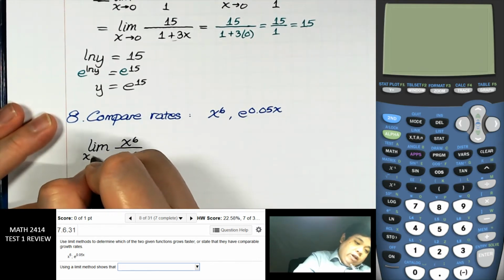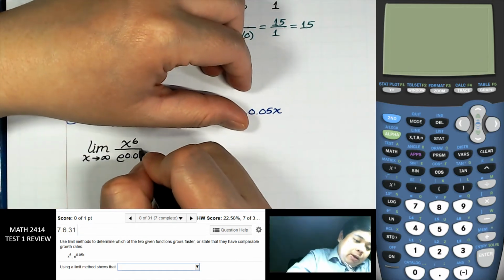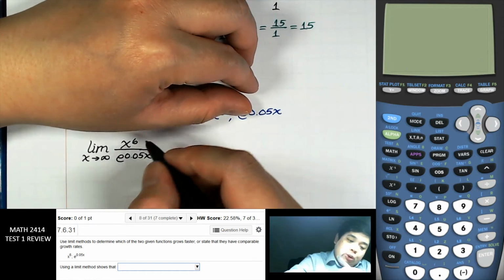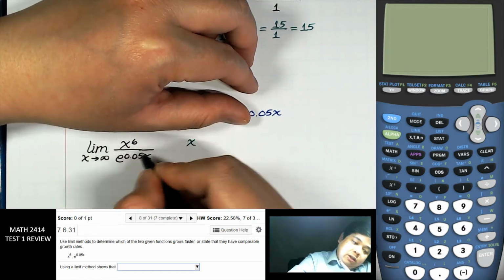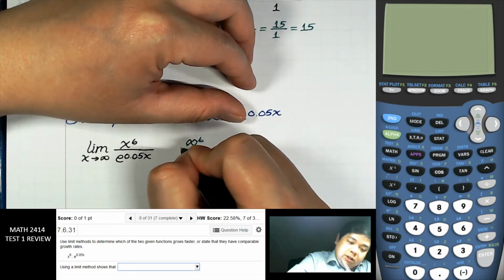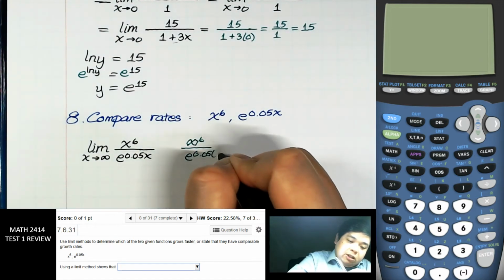Let x go to infinity and see which one goes faster to infinity. I'll put infinity in it. That's the first thing we do. x to the 6, which is infinity to the 6th power over e to the 0.05 infinity.